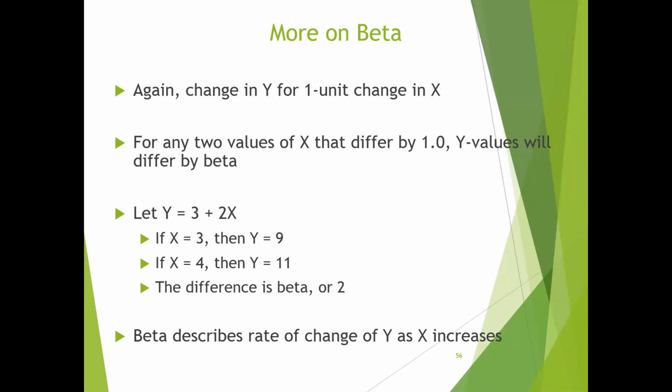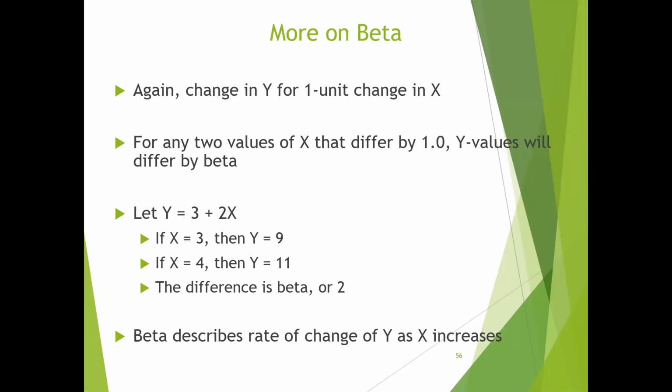So here's an example. Here we have a regression equation where Y is equal to 3 plus 2x. And what is 3? The intercept. And what is 2? The 2 is the slope. One more time, 3 is the intercept, 2 is the slope.